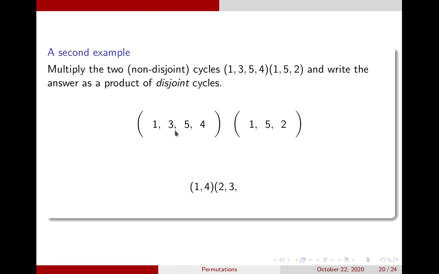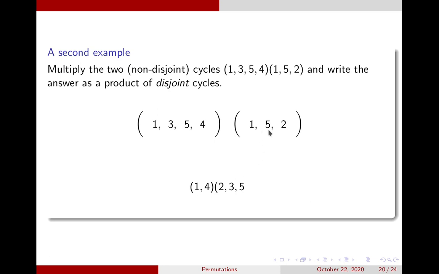The net effect is that 2 is sent to 3. And now determining the next number in this second cycle in the answer, 3 is sent to 3 by the cycle 1, 5, 2, and the cycle 1, 3, 5, 4 sends 3 to 5. The net effect is that 3 is sent to 5.